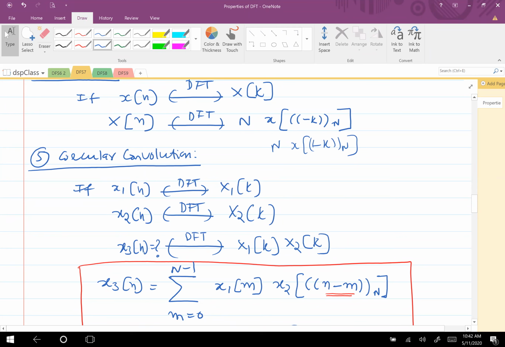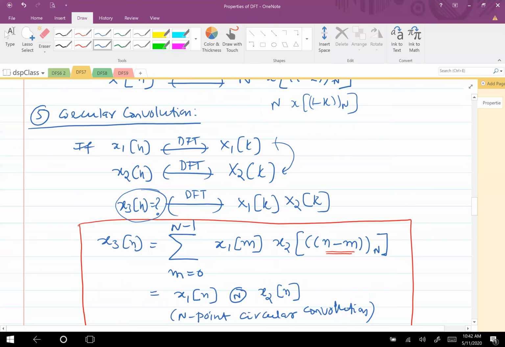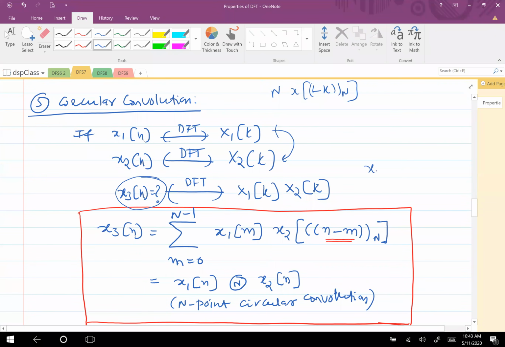It means that if you multiply the DFTs, the equivalent operation in the time domain is referred to as circular convolution. Periodic convolution was x1 of m multiplied with x2 of n minus m; here, in addition, you get n minus m modulo N, and you map it back to 0 to 5.